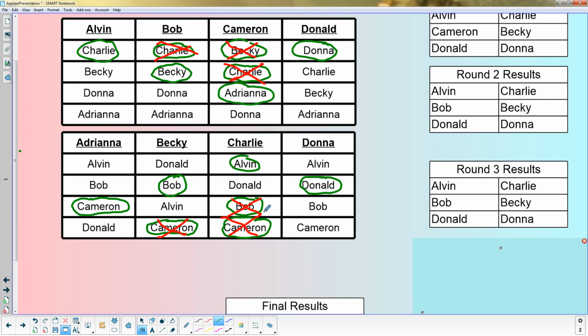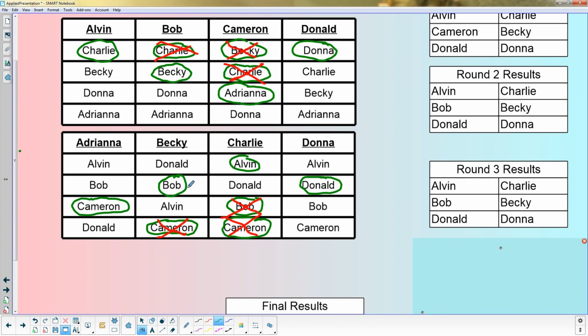Bob is going with Becky, which isn't necessarily his top choice, but Charlie already refused him. So he's going with what's left as his top choice, because his list actually gets shorter of the possible women he can go with, because he cannot re-propose to somebody who has already rejected him. So Bob wants to go with Becky, and we look at Becky.